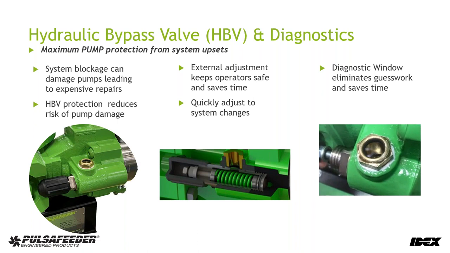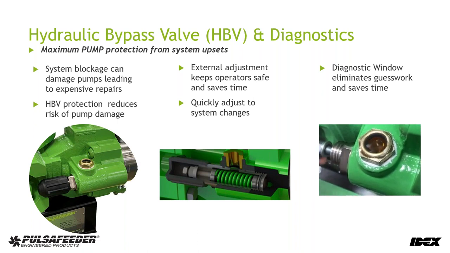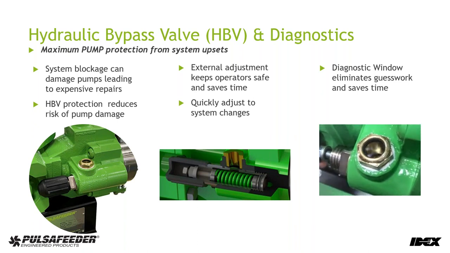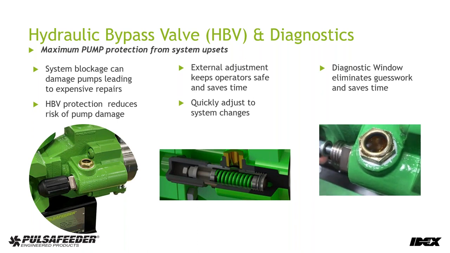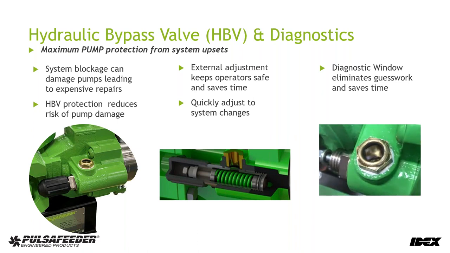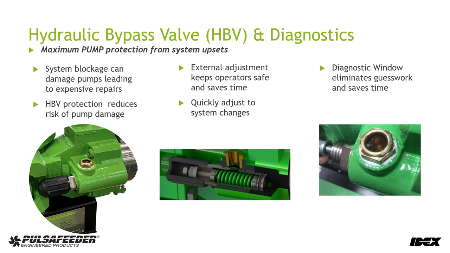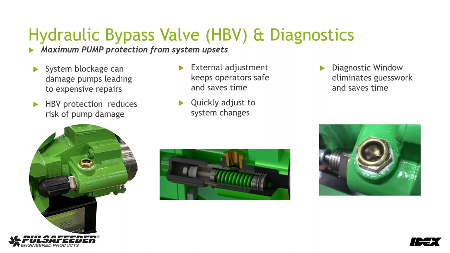With the PulsaPro, the hydraulic bypass valve is actually external to the pump. And why is that important for you? It's because in other versions of pumps and even our older versions, that hydraulic bypass valve was down inside the hydraulic fluid of the pump.